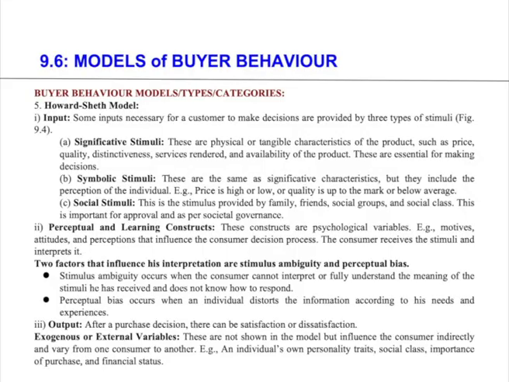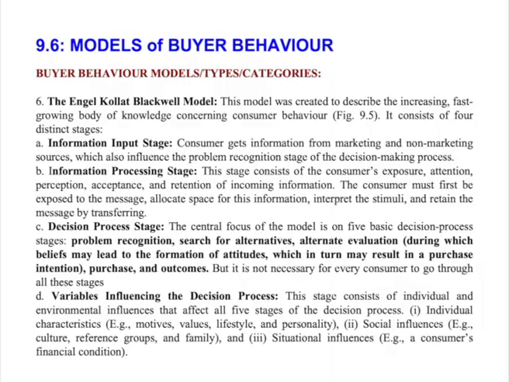And stimulus ambiguity is when I am not able to understand how the cues that are reaching me are being interpreted, whether they have to be interpreted as positive or negative. There could be mixed stimuli signals that are coming to me. And then of course, we spoke about exogenous or extraneous variables. Then we move to the next one, that is the Engel-Kollat-Blackwell model.